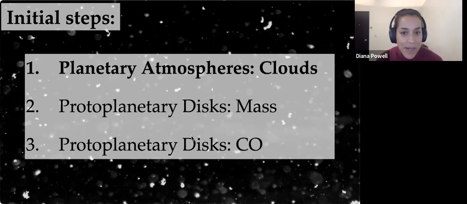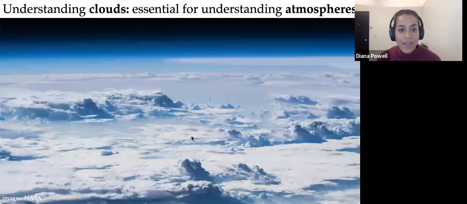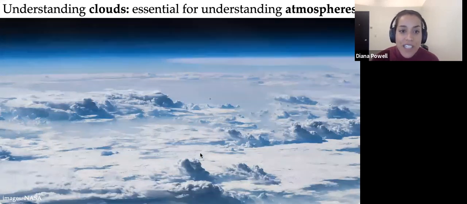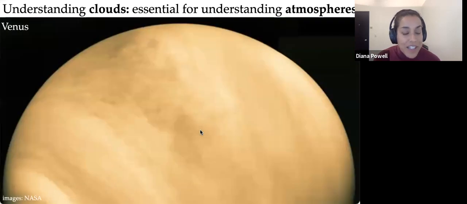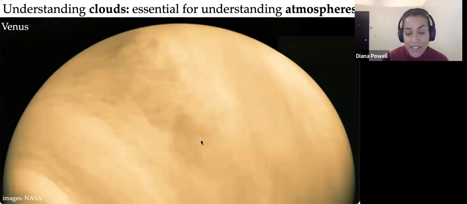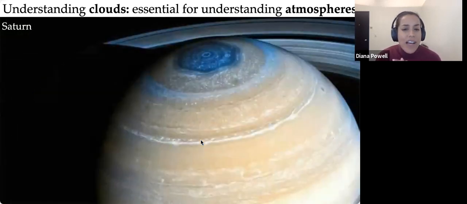Okay, so let's talk about clouds. We all have some intuition about clouds from our familiarity with clouds on Earth. But clouds are important beyond Earth and are in fact the dominant opacity source in most planetary atmospheres. Clouds are important tracers of atmospheric physics, such as mixing and transport.